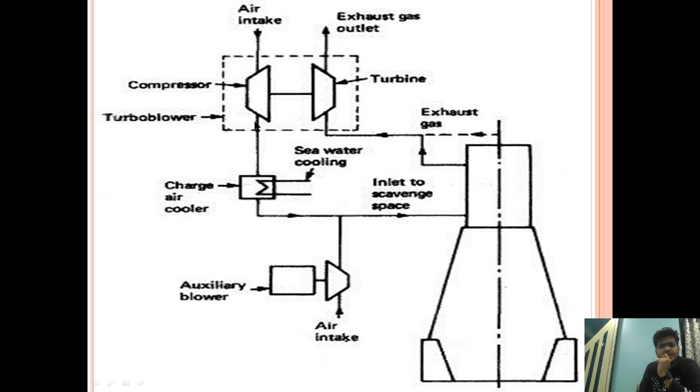That compressed air is coming to this air cooler and is being cooled, and then it is provided to the scavenge manifold. So if anybody asks where the air cooler is fitted, the air cooler is fitted after the air compressor and before the scavenge manifold. Okay, this is the placement of an air cooler.